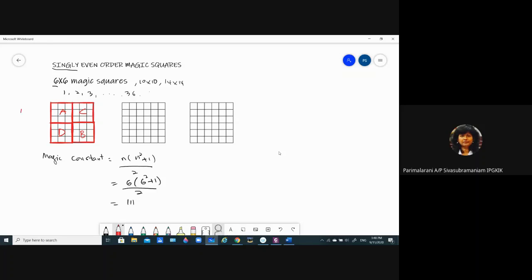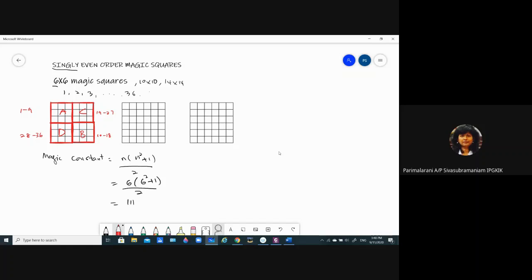Section A is 1 till 9. Section B will be 10 to 18. Section C will be 19 till 27. And section D will be 28 to 36. So far, okay?